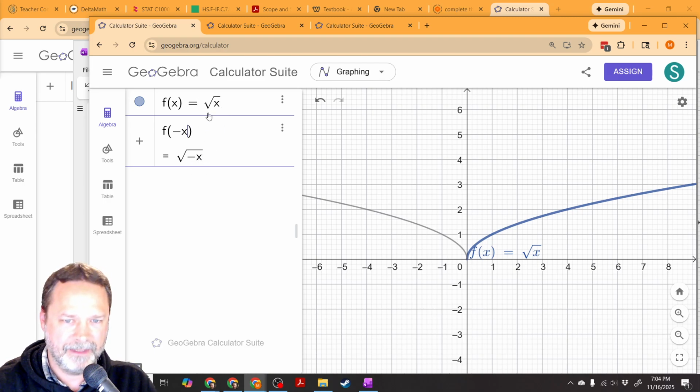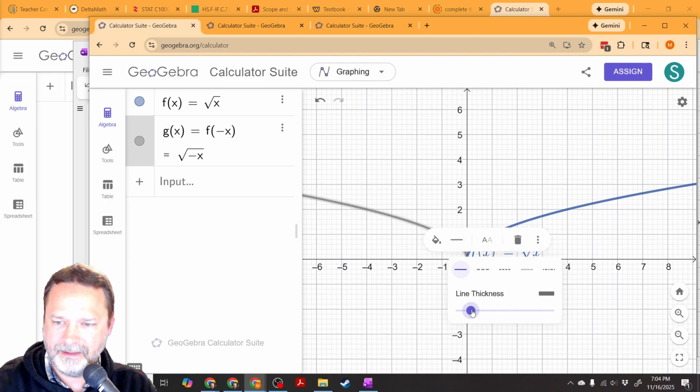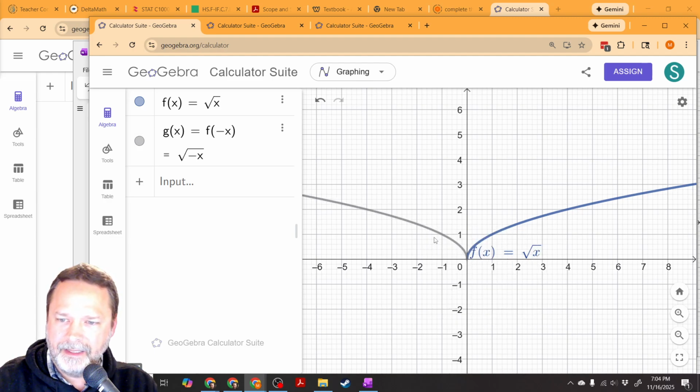So instead of square root of x, we have square root of negative x. All right. So we can look at these, and we have this beautiful little function here. We can see that we're getting this reflection over our y-axis.